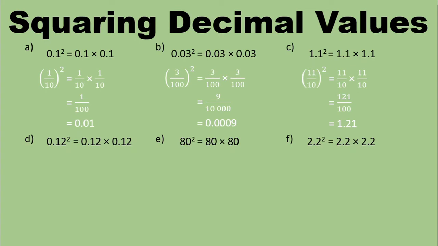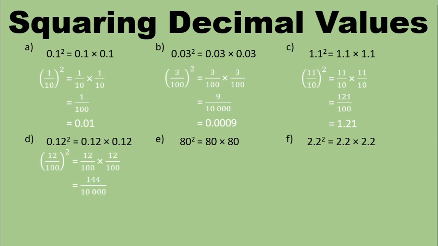On to D, we've got 12 hundredths because the 2 is in the hundredths position. So this is 12 over 100 multiplied by 12 over 100. Again, we should know our square numbers. 12 squared is 144, and 100 squared we've done in question B. That's 10,000.